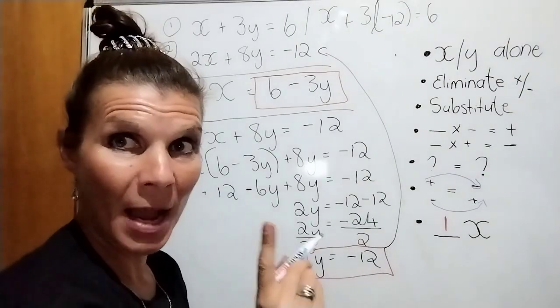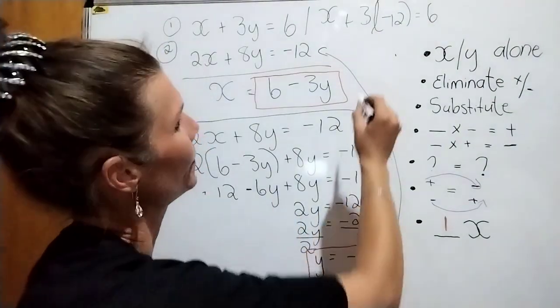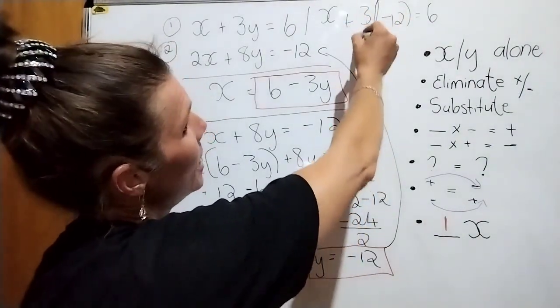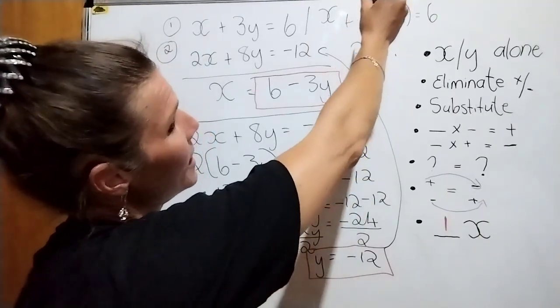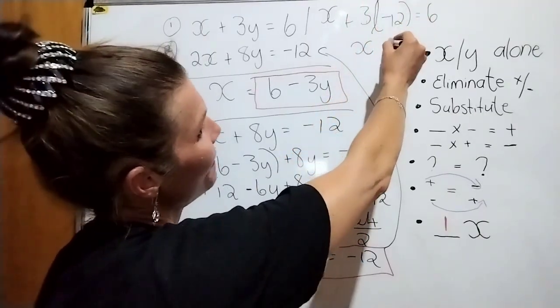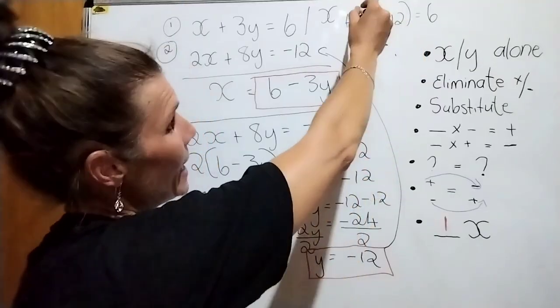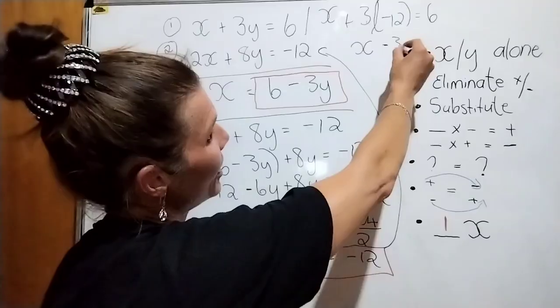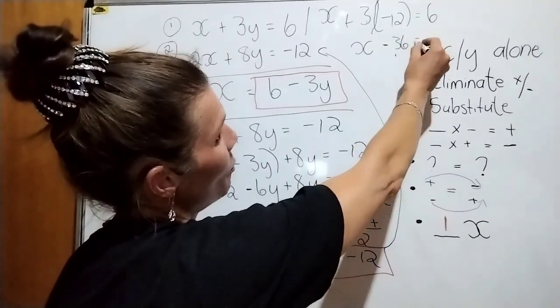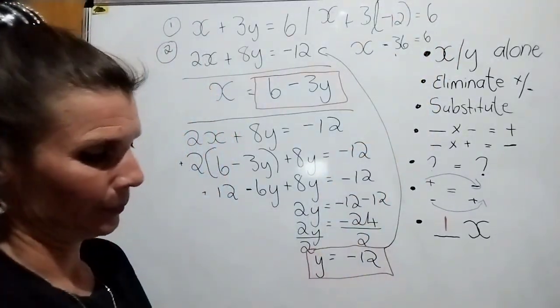Okay, I want to get my x alone. Right. So x, plus times a minus gives me a minus. 3 times 12 gives me 36, equals 6.